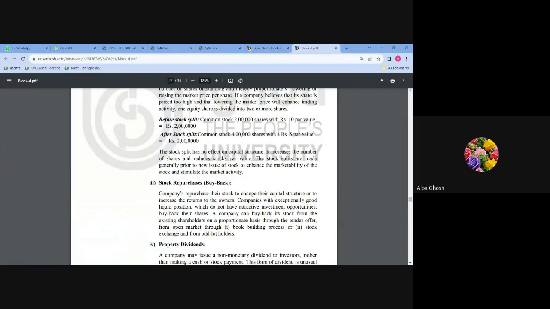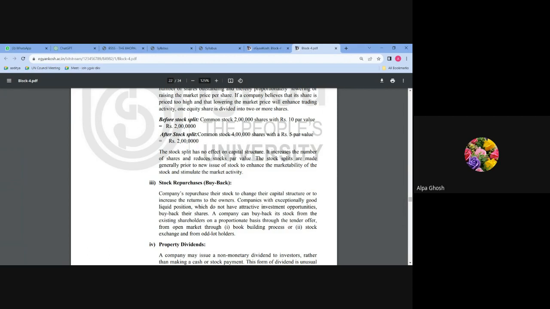Companies with an exceptionally good financial and liquidity position do not need to attract investment from others. They go for buyback of the shares. A company can buy back its stock from the existing shareholders on a proportionate basis through a tender offer in the open market. This is done either through the book building process or through the stock exchange and from odd lot holders.